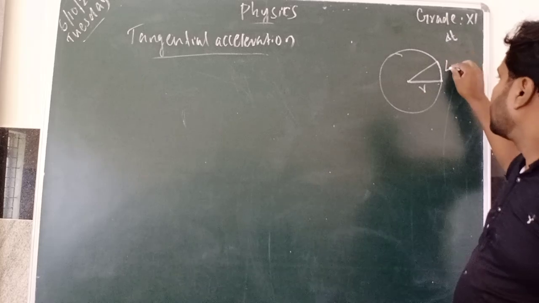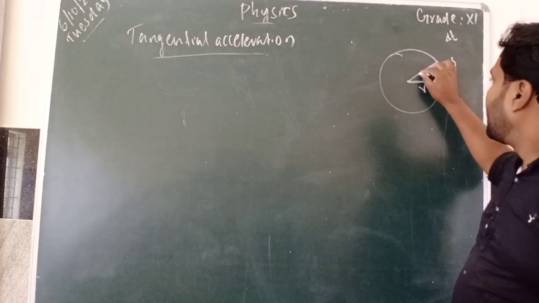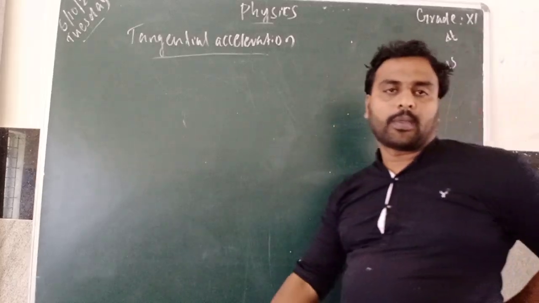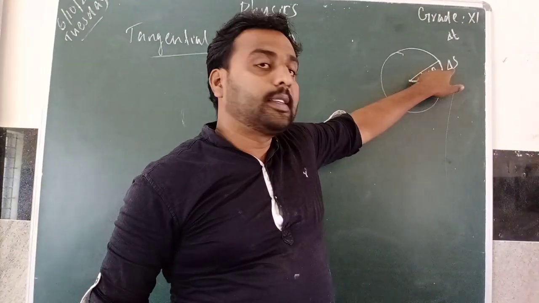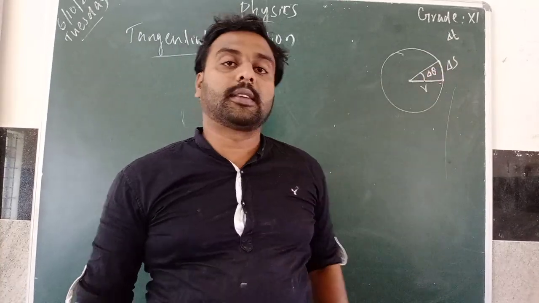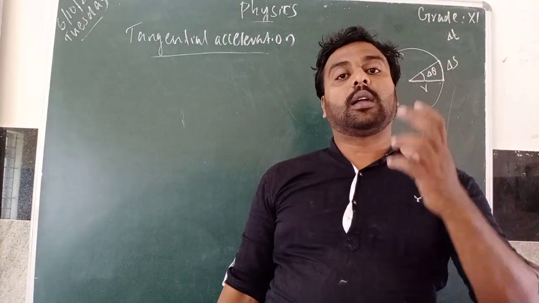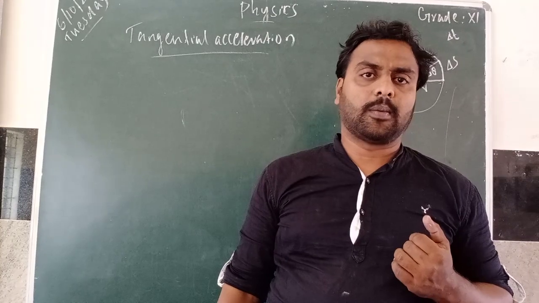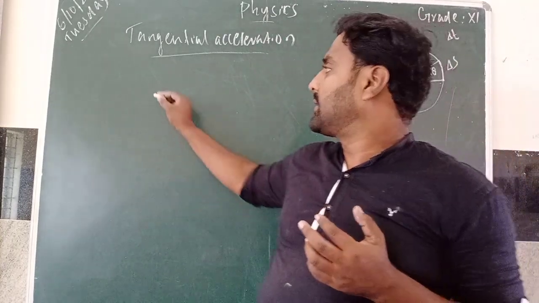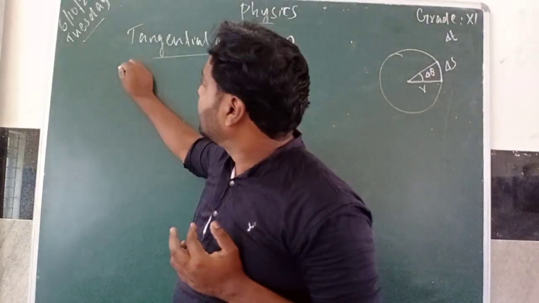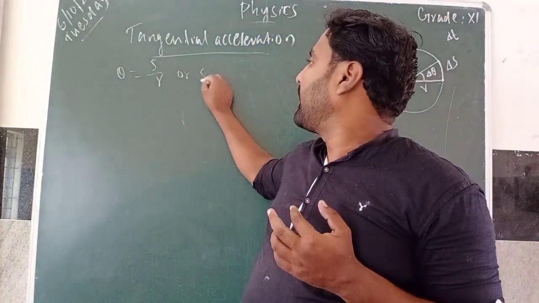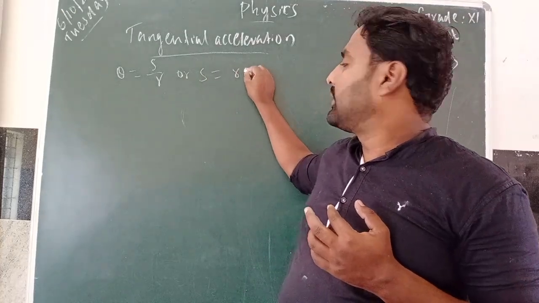This is what we are saying delta s, and there is an angle produced, delta theta. So delta s is the arc distance, and this delta theta means angular displacement. Now we know our basic relation: theta equal to s by r, or you can write s is equal to r theta.